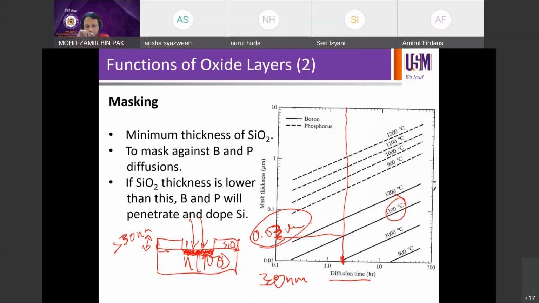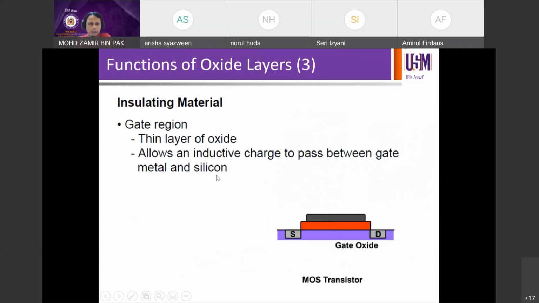Okay, see the description is very, very specific. It really depends on the diffusion temperature, how long do you run that, what sort of dopants are you incorporating, then you have to come back to this curve and see what is the minimum thickness required. Okay, so boleh faham kan? It's clear cut, right? So not that difficult.